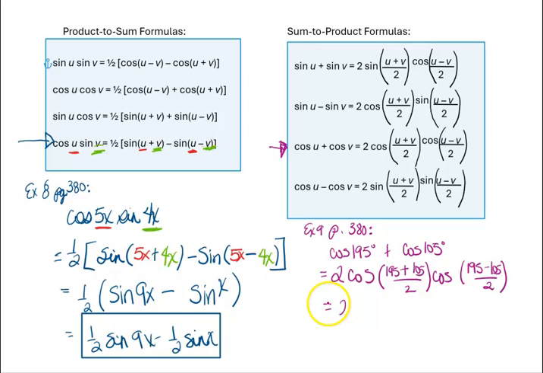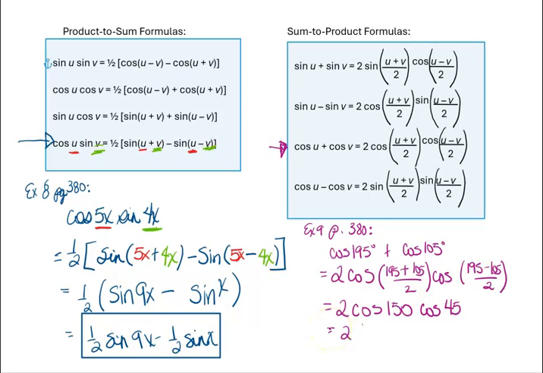When I simplify, I get 2 times the cosine of 195 plus 105 is 300, divided by 2 is 150, so the cosine of 150 degrees, times the cosine of 195 minus 105 is 90, and 90 divided by 2 is 45. And we can find quickly and easily on our unit circle the cosine of 150 and the cosine of 45 degrees.